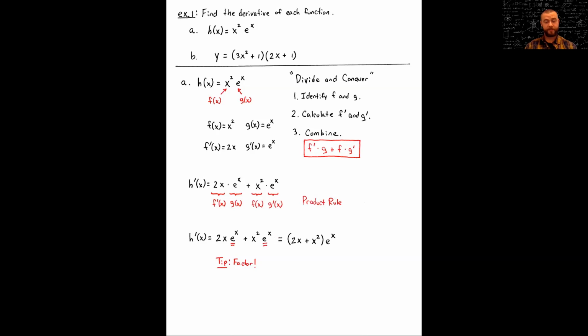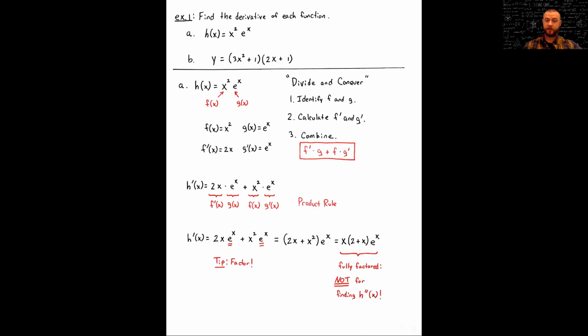Now, you might be arguing, and you are correct, that this could be simplified even further. Notice in parentheses, 2x and x squared have a common factor of x. And you can factor that out, writing your answer as this last version, x times 2 plus x times e to the x.